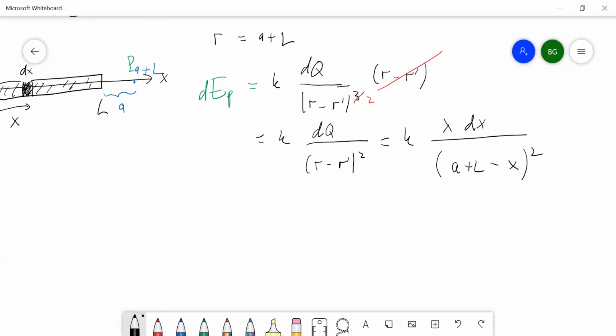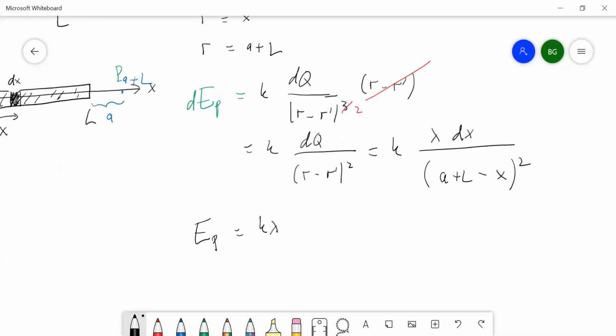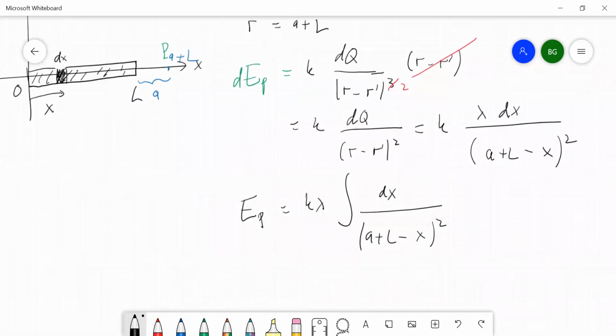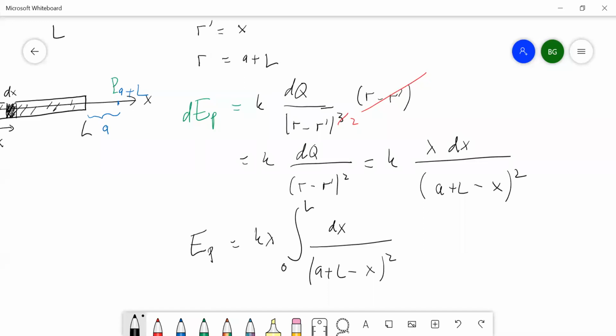If we want to know the total electric field, we have to integrate this, and because lambda is constant, we can put it outside the integral. This is dx over (A plus L minus x) squared, and the lower bound is the root, from 0 to L. Any question before I execute the integral?